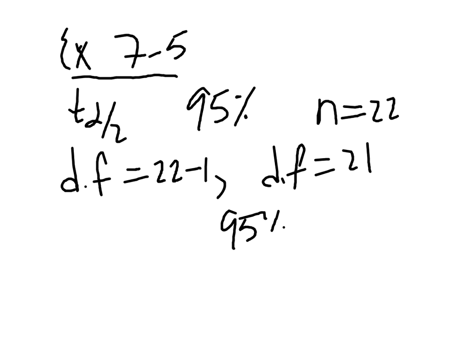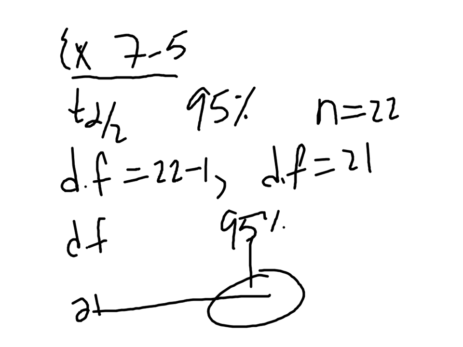Notice that it says one tail and two tails, but that doesn't matter for us. We're just going straight down to where the degrees of freedom equal 21, and that value there is 2.080. If you remember anything from 7.1, we use three confidence intervals most often: the 90th, the 95th, and the 99th.